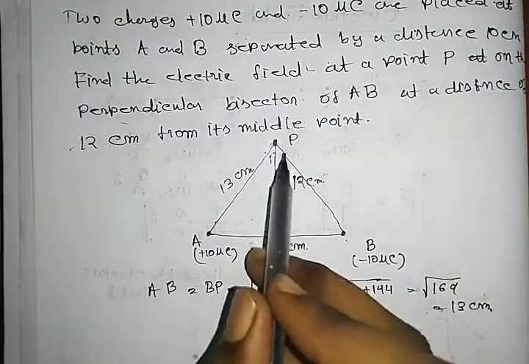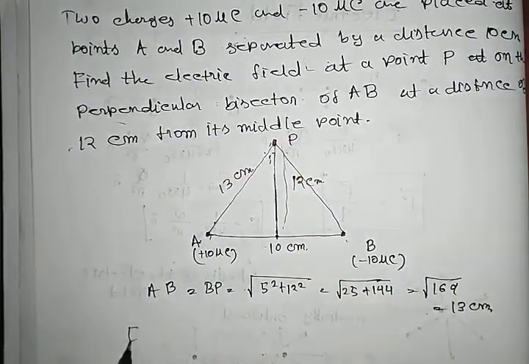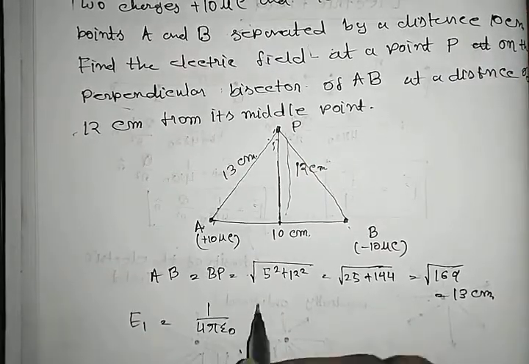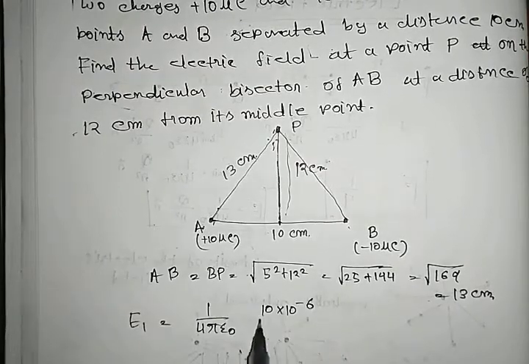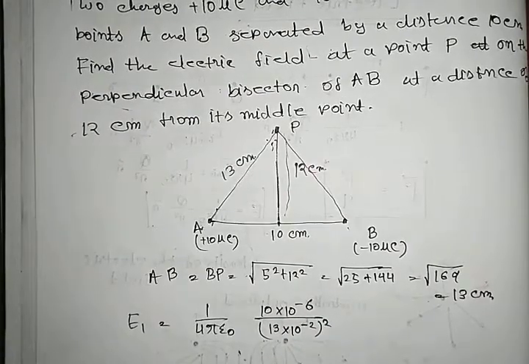So the field at P due to charge at A is given by E1 equals 1 by 4 pi epsilon 0 into 10 into 10 to the power minus 6 by 13 into 10 to the power minus 2 whole square.